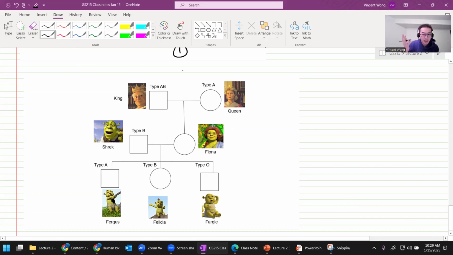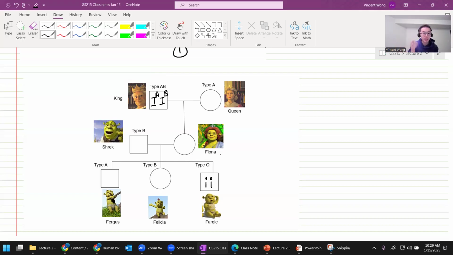And there are only two blood types that you know for certain, which are AB and O. So the king here has type AB blood. He must be IAIB. For Fargo here, he is type O, so he must be little i, little i. That's all we know for certain.